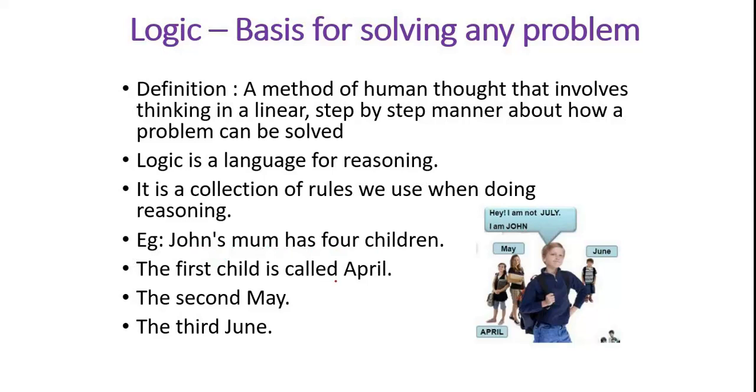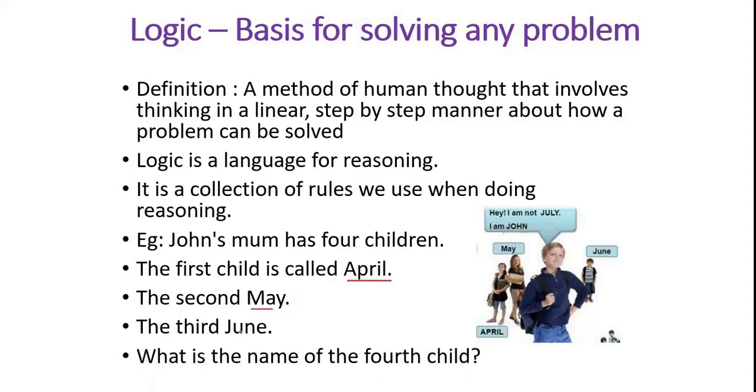The first child's name is April, the second child is May, the third child is June. Then what is the fourth child? You know the pattern: April, May, June, then it should be July. So this is very simple.